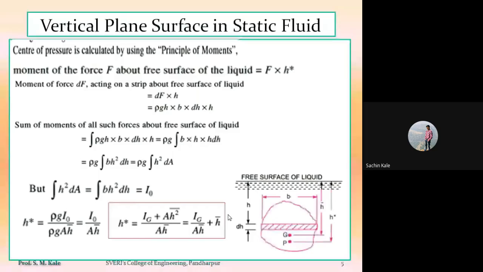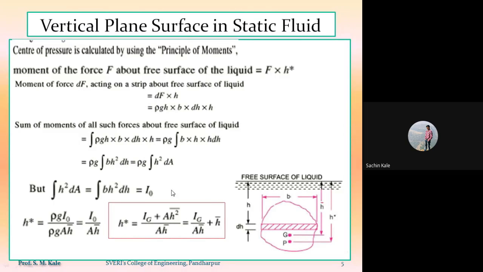Okay. So the last formula we are getting is h star equal to Ig upon A h bar plus h bar. Based on this formula itself, there may be two to three questions asked for your technical aptitude, for your GATE exam, for various competitive exams, and in interviews also.